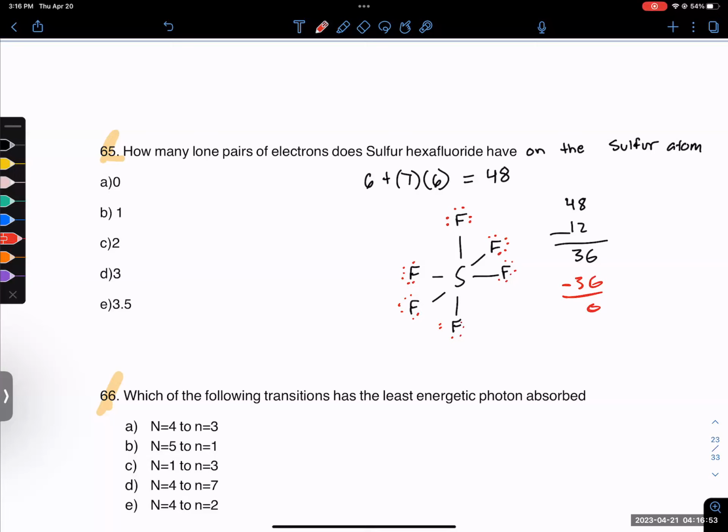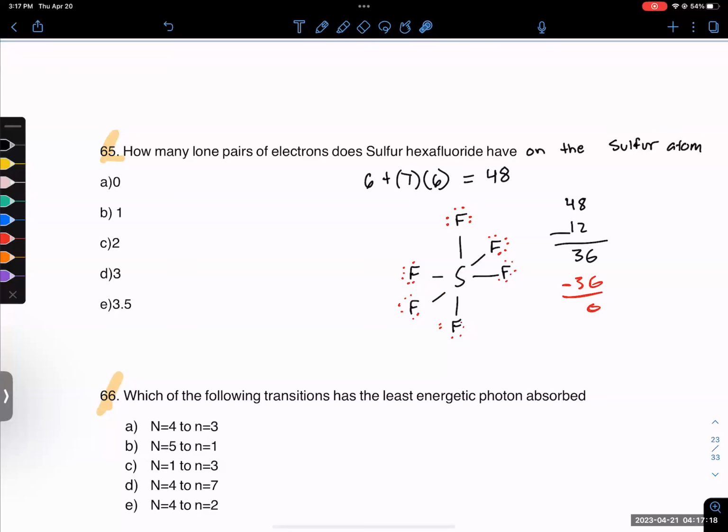And the fastest way to figure out this problem is knowing that the maximum number of bonds the central atom will have for this class specifically is 6. So you can't go over 6, meaning the maximum number of electrons that the central atom can have is 12 valence electrons.